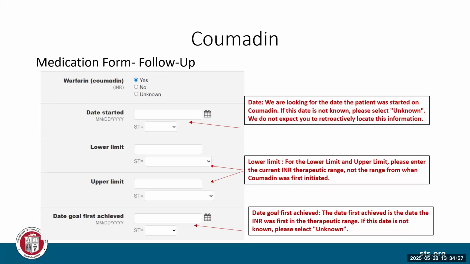Hi, Carrie. Date started is the first date started, and the lower and upper limits are within the specific follow-up period. The date started is when the patient was started on Coumadin. And the lower and upper limits are for this specific follow-up period.